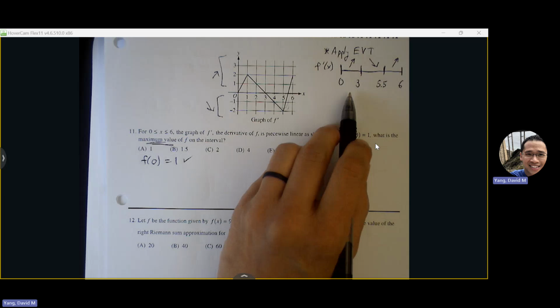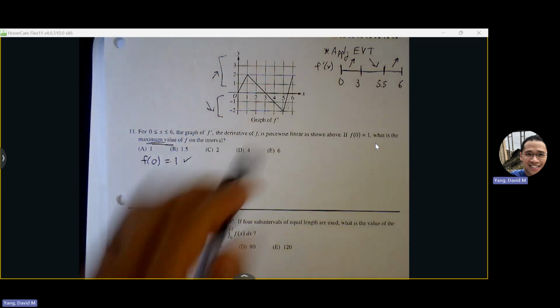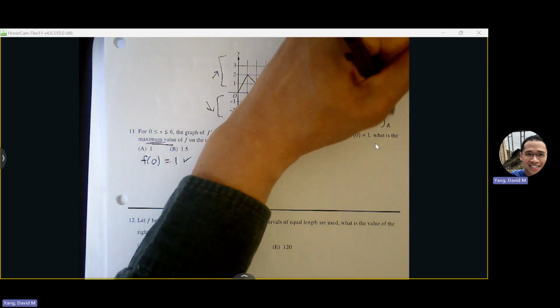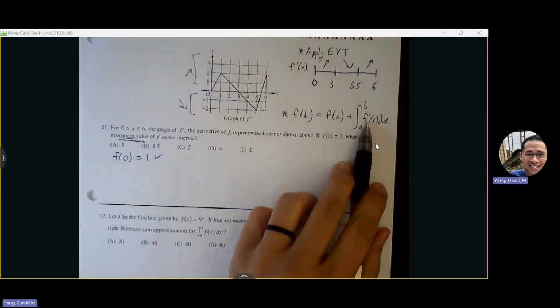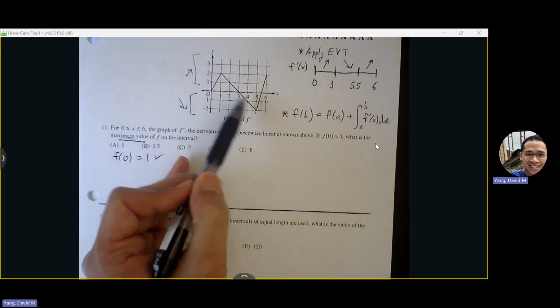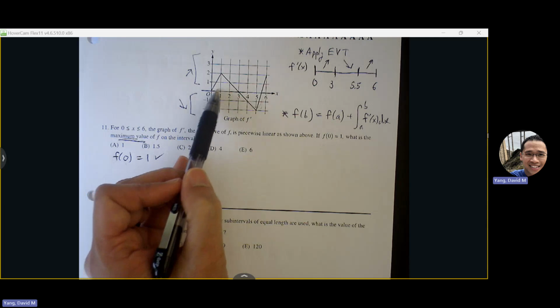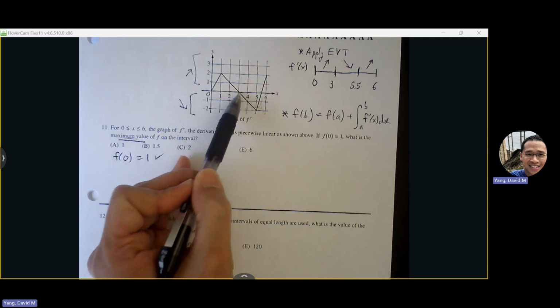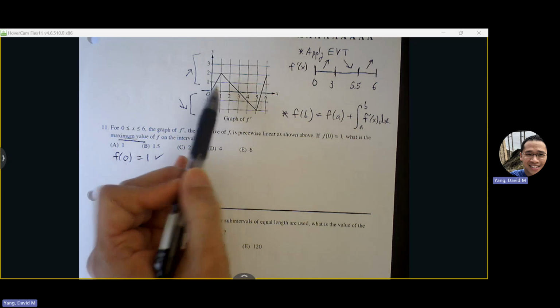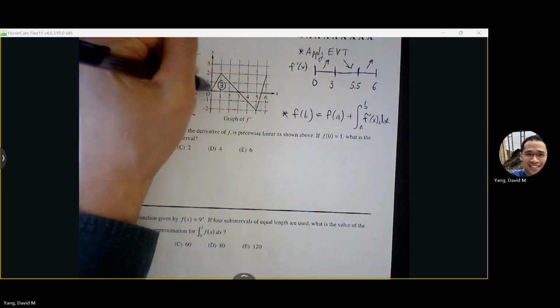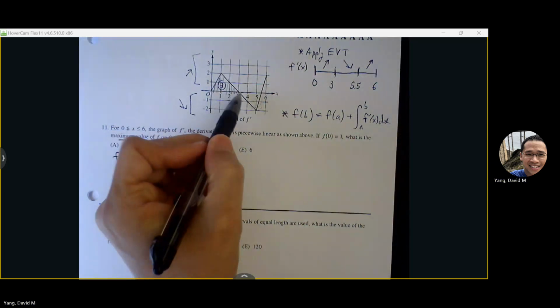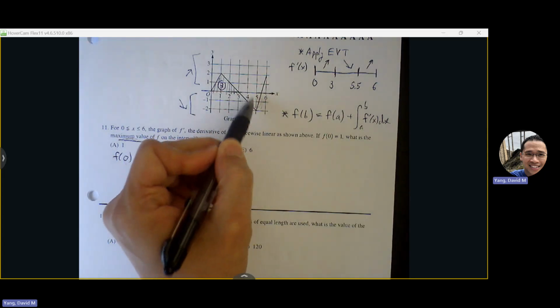But if I want to find f of 3, I'm going to rely on my initial point plus displacement. So I know that f of b is equal to f of a plus the integral from a to b of f prime. So in order to get to this piece here, we don't have a calculator. We have to rely on the area of geometric shapes. So we've got a triangle here, 1/2 base times height, 1/2 times 3 times 2, 1/2 of 6 is 3. This one here, 1 to 2.5 and 2.